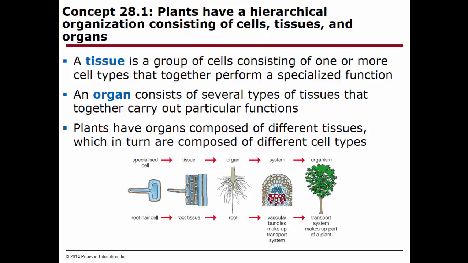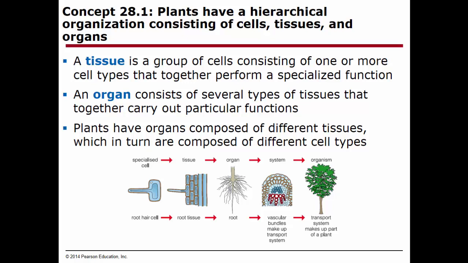Plants have organs that are composed of different tissues, and each of those tissues are composed of several different cell types. Here's an example. We have a specialized cell, a root hair cell, with a specialized function. That function is taking up water from the environment.